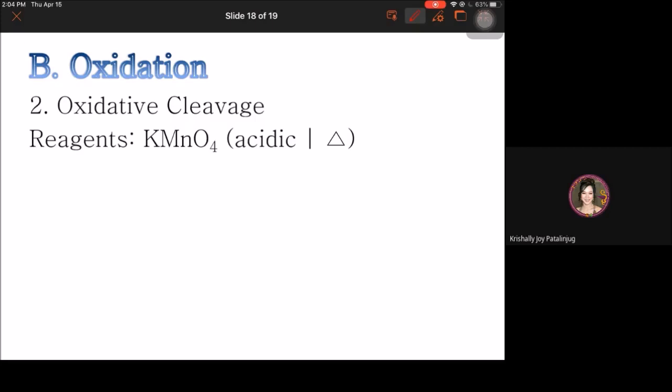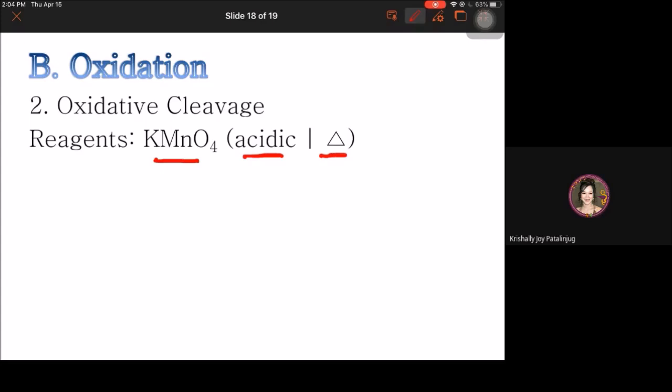This time, for oxidative cleavage, the reaction happens in the presence of an oxidizing agent, specifically potassium permanganate, but this time in an acidic environment. So you need an acid. And take note, a hot environment.